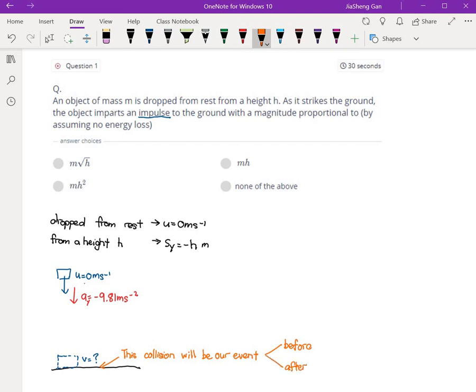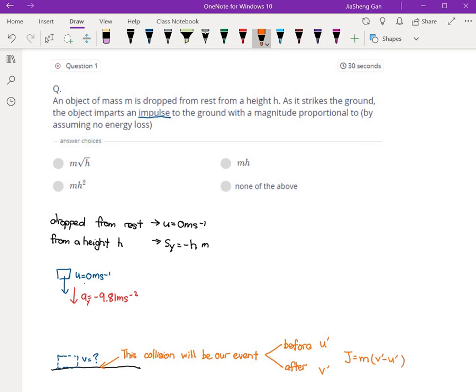What are the velocities? I'll put a prime to differentiate from the free fall. This is regarding a collision, so the prime shows it's another situation. This u prime is different from the u equals 0 meters per second. After you have v prime, you know J will be equal to m times v prime minus u prime.